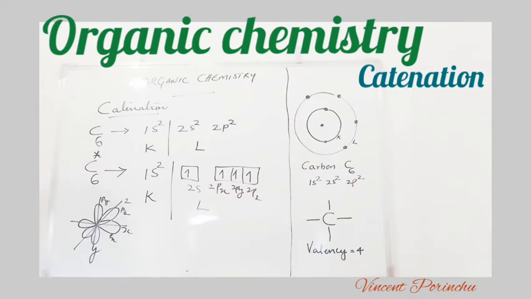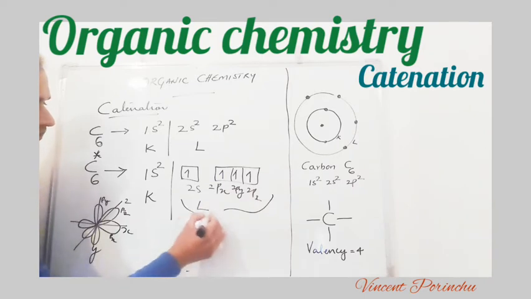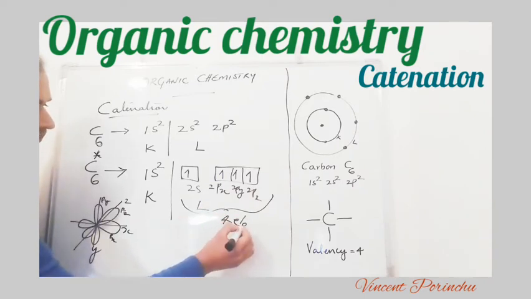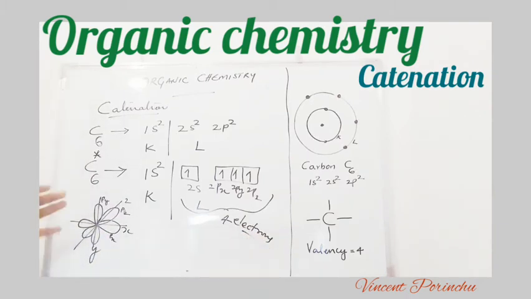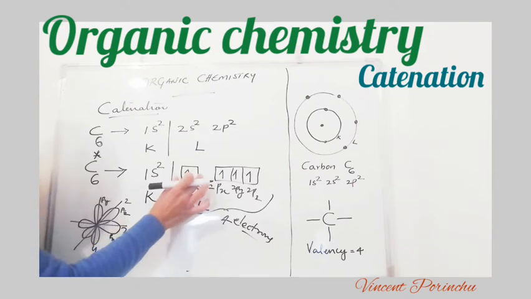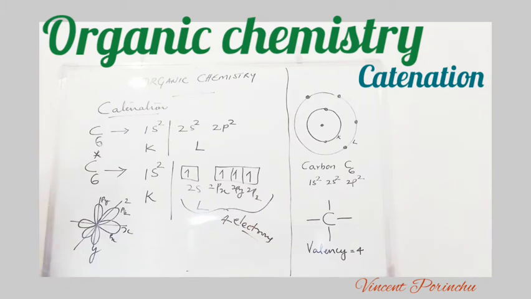So now the outermost orbital of carbon has 4 electrons. These 4 electrons are ready for combining with the other atoms, and carbon can form stable compounds, attaining the octet or inert gas configuration. That's why these 4 electrons of carbon are ready to combine with the other atoms.